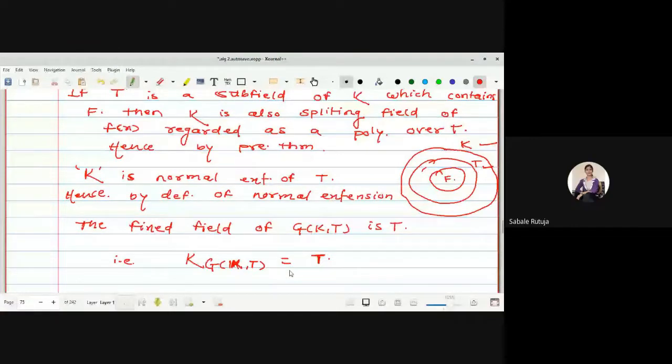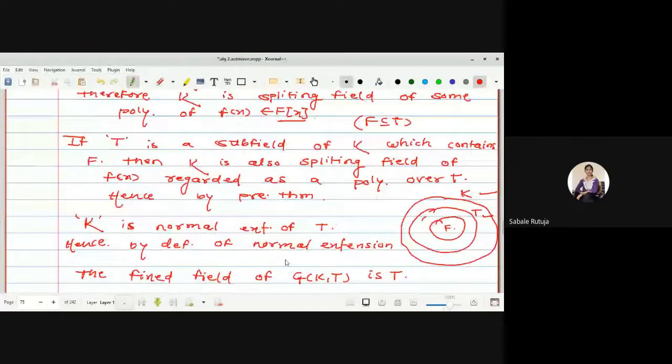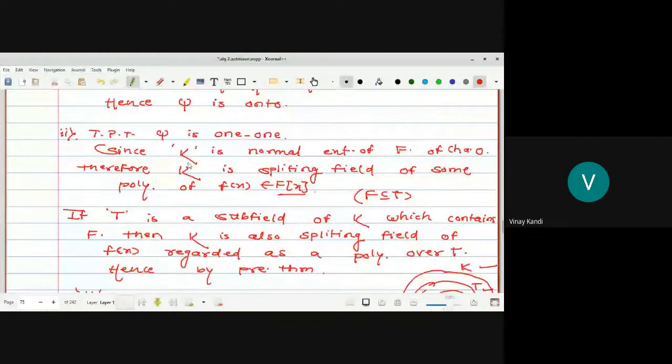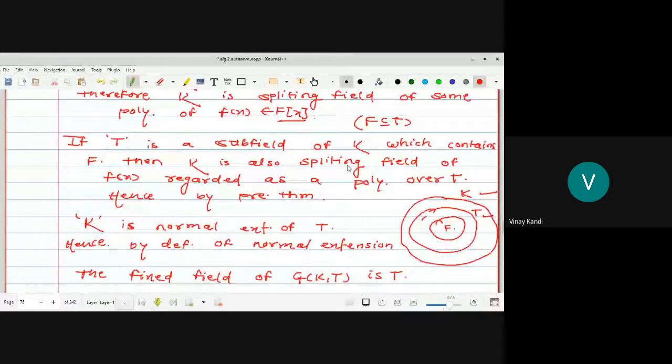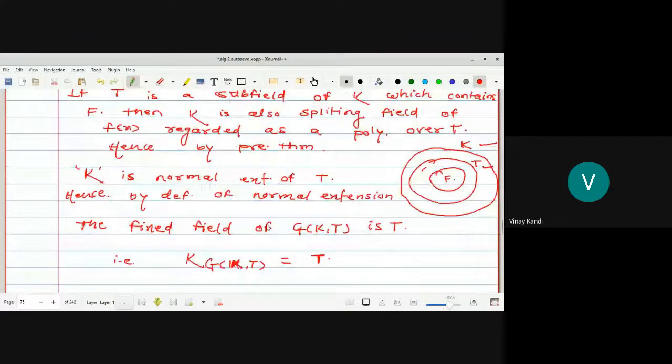Okay, we take care of it. K is the normal extension of F with characteristic 0. Therefore, K will be the splitting field of some polynomial f of x belongs to F of x. Now this f of x belongs to T of x. Okay, hence this K is a normal extension of T. Now, if K is a normal extension of T, that means the fixed field of GKT is T. That means the fixed field of GKT is equal to T. Now, take T1 and T2.